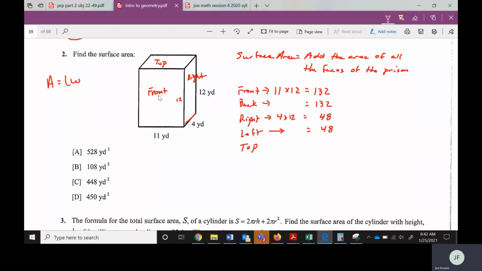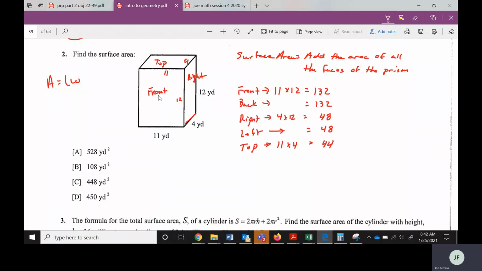Now don't let this confuse you that there's no numbers here. Just look across. If this length or width, this distance is 11, then this distance is 11. Okay, and this distance, if down here it's 4, then up here it's 4. Okay, so the top is 11 by 4.